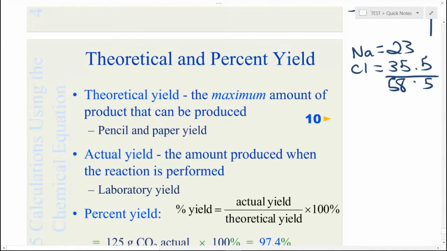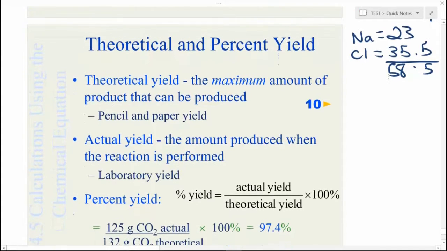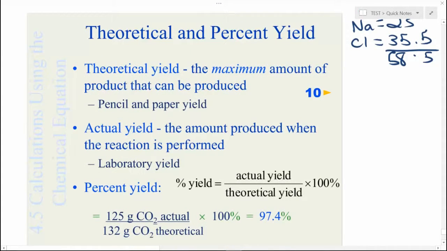Okay, now one of the final concepts that we're going to try to understand is that of theoretical and percent yield. So what we have been doing are theoretical yields. These are calculated yields. They're yields that are produced because we calculate them, not because that's how much we actually have made in the laboratory.